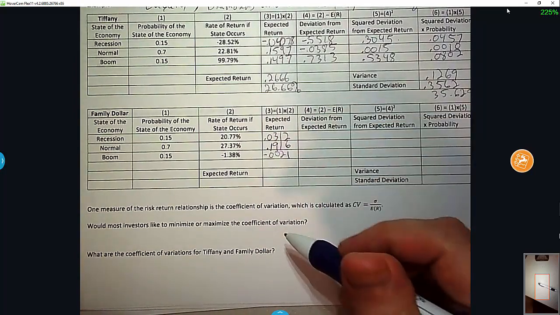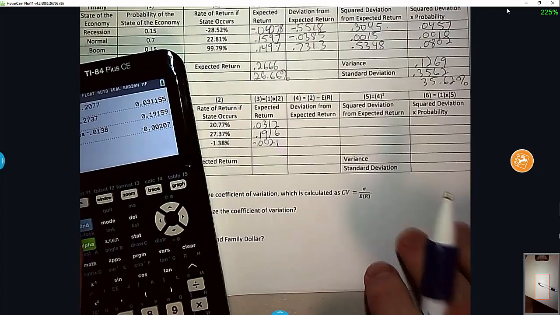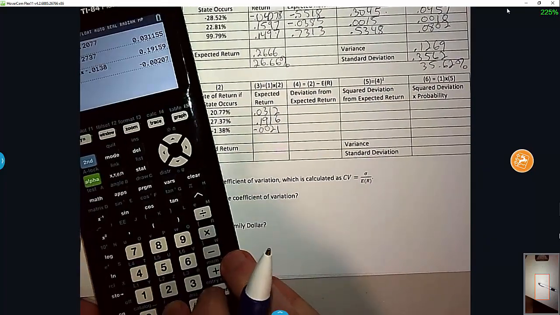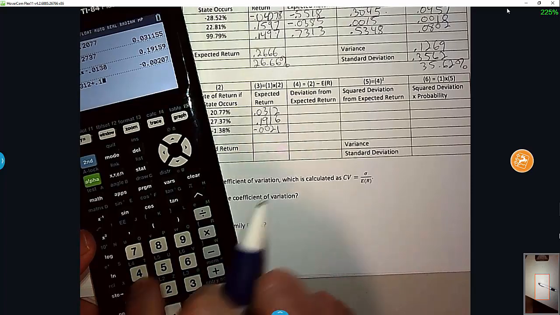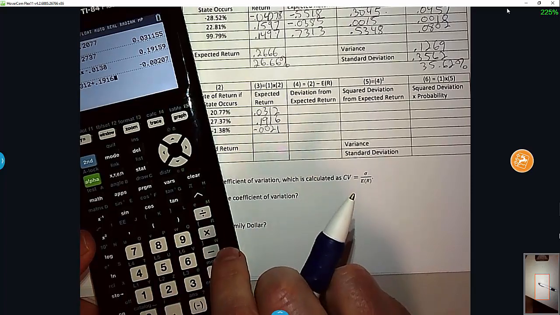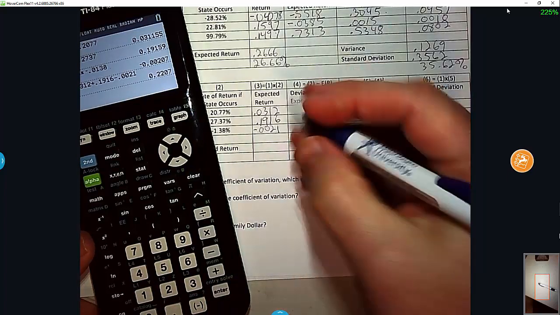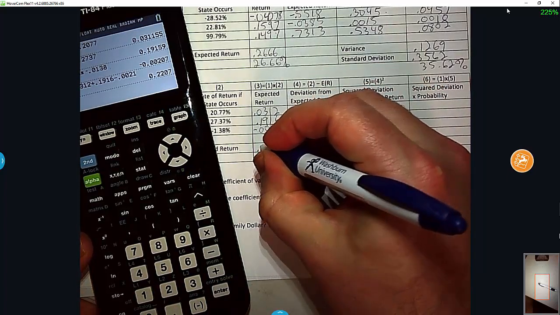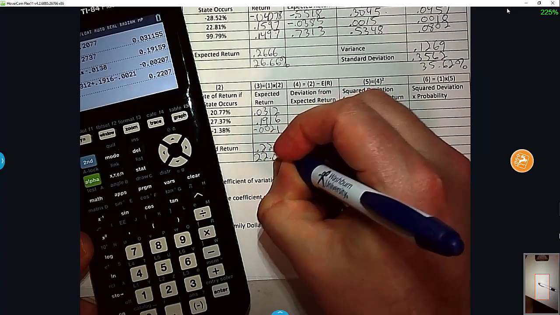So now we can just sum these together, and that's going to give us our expected return. 0.0312 plus 0.1916 minus 0.0021 gives us an expected return of 0.2207, or 22.07%.